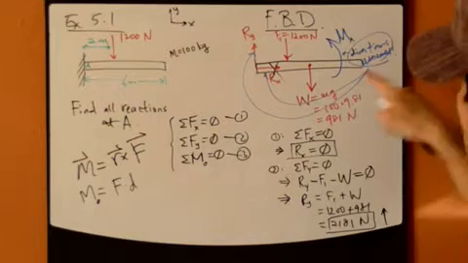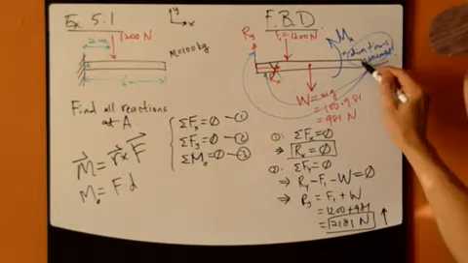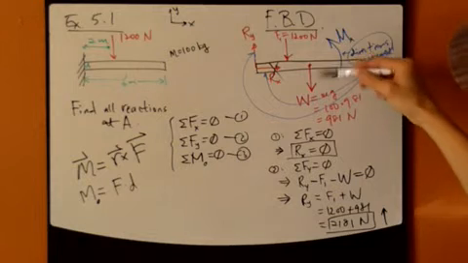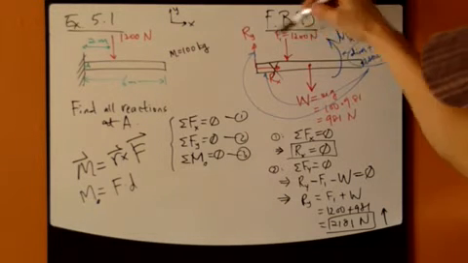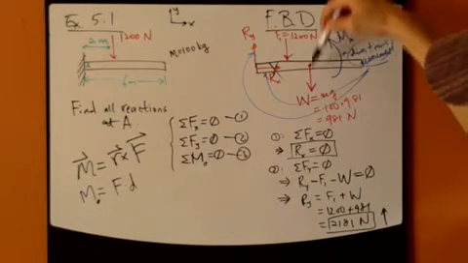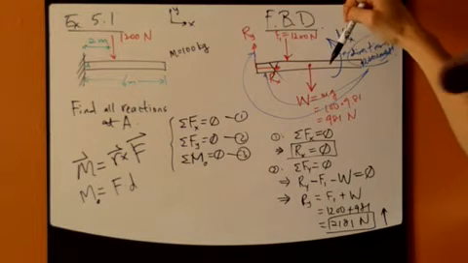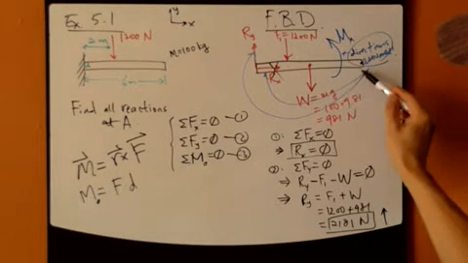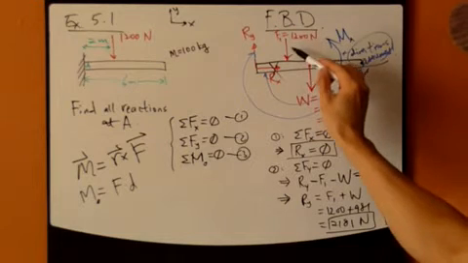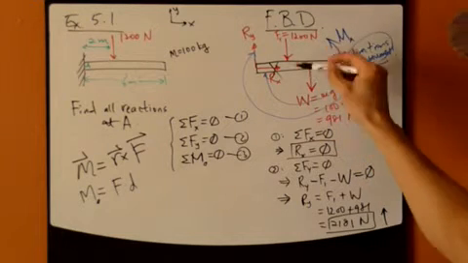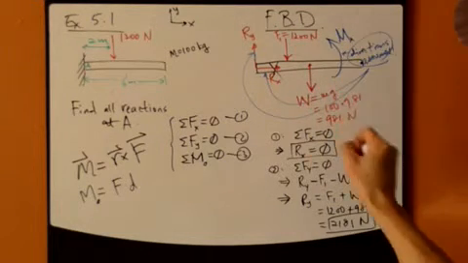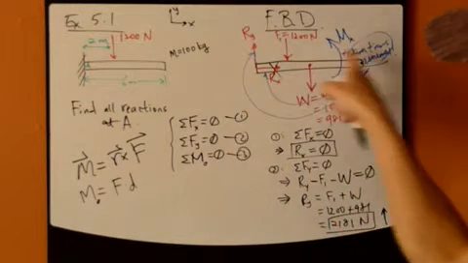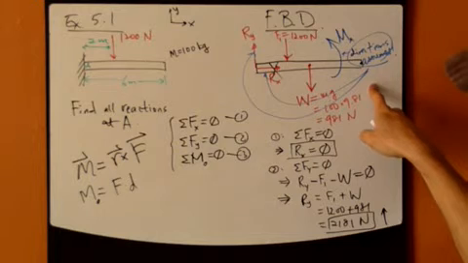So if you take moment about, let's say, this end point right here, then I'll have to take into account this weight, because this weight will generate a moment about this point, and the distance is here. This F1 also has a moment, F1 times this distance right here. Ry will also have a moment, Ry times the entire length of the rigid body. That's another moment.